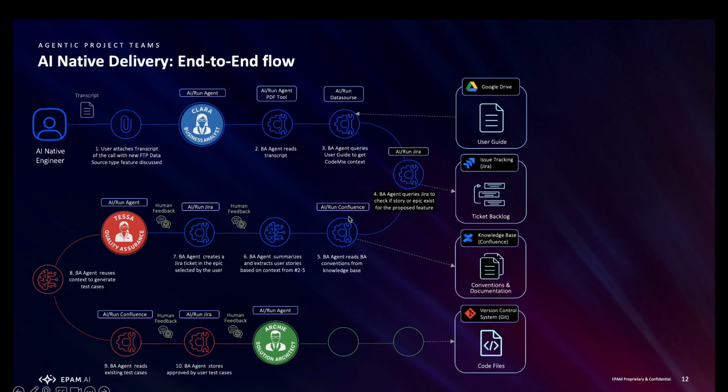Then we have Archie, our solution architect who designs features technically with implementation specifications. Archie has deep access to our codebase, understands existing patterns and system architecture, and can generate comprehensive technical designs and API specifications that align with our established development standards.